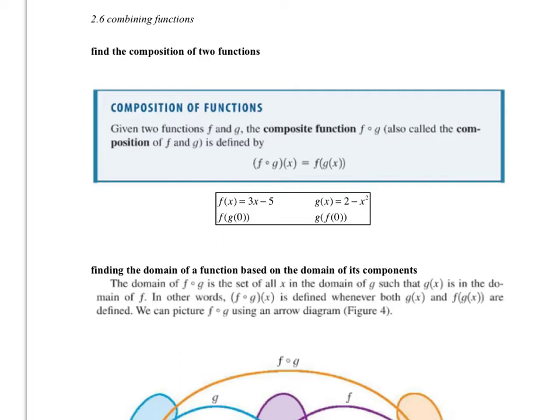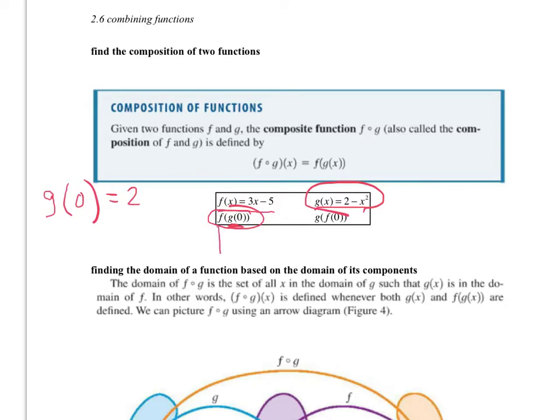Here we have this example where our first function f of x is 3x minus 5, our second function is g of x equals 2 minus x squared, and we do two calculations. First, f of g of 0. You first have to calculate g of 0. That means substitute 0 wherever you see x, which gives you 2, because g is 2 minus x squared.